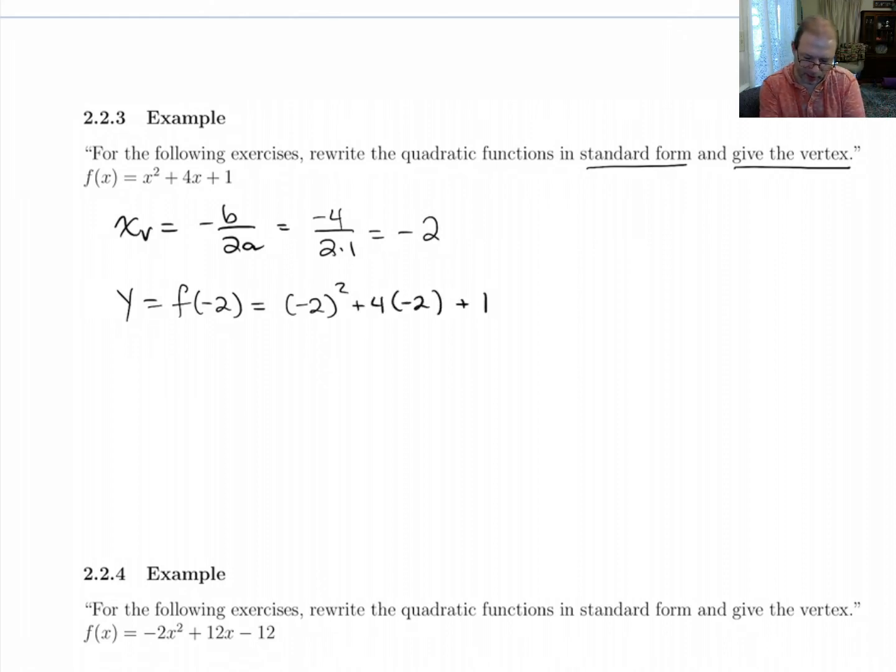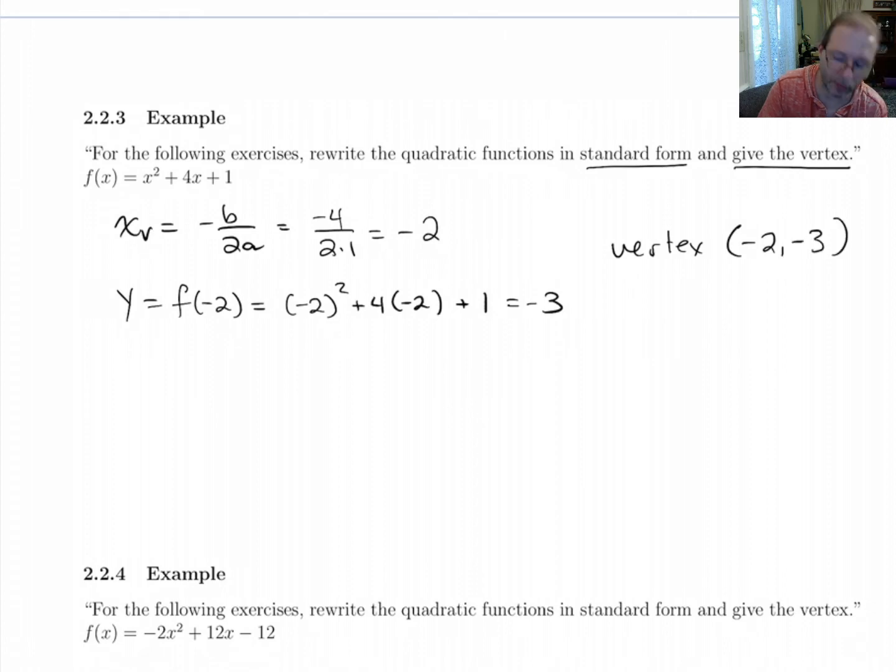Let's see, that's 4 minus 8 is negative 4 plus 1 is negative 3. All right, so my vertex then is negative 2, negative 3.